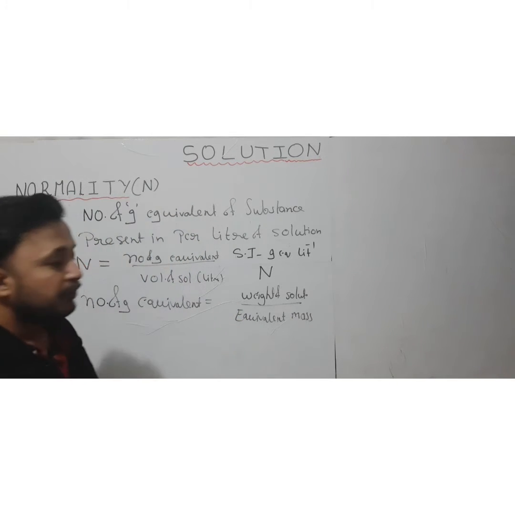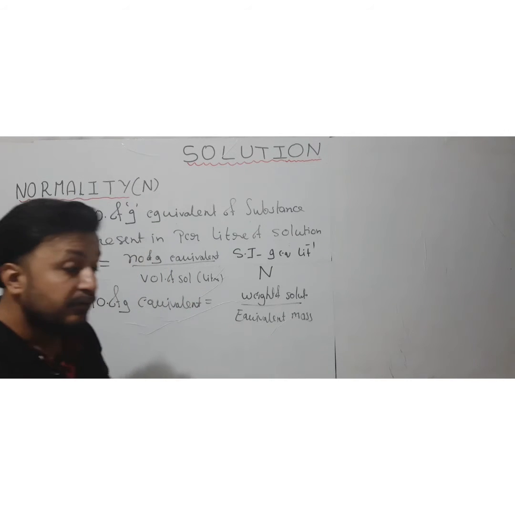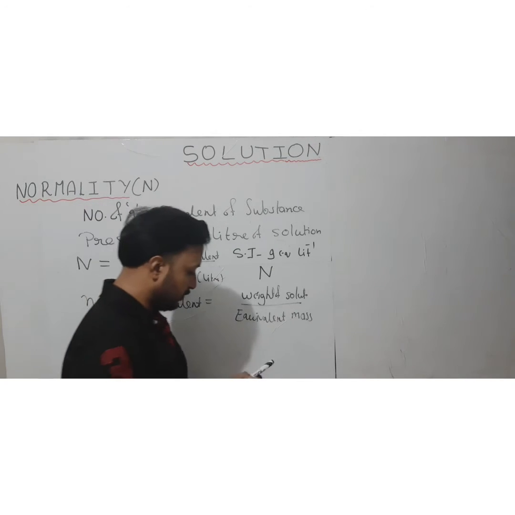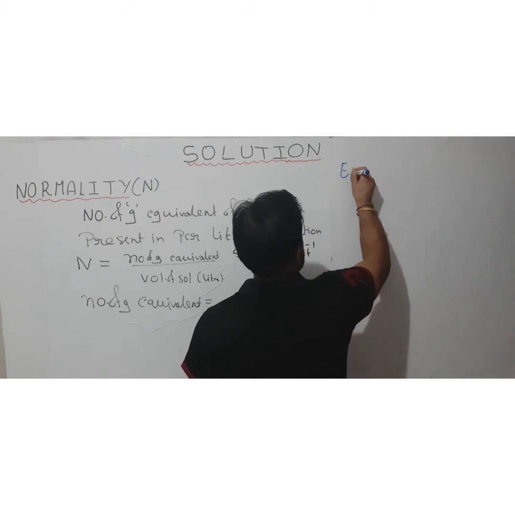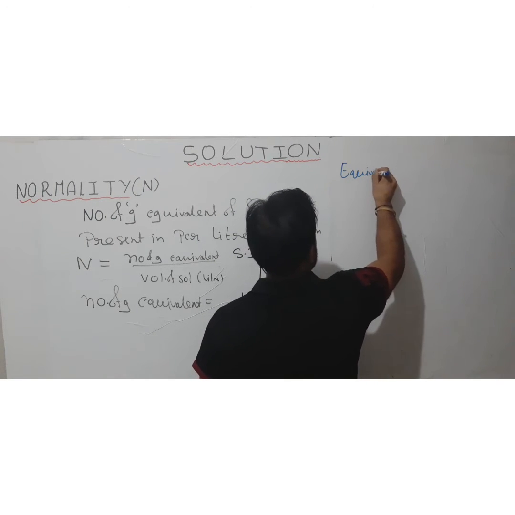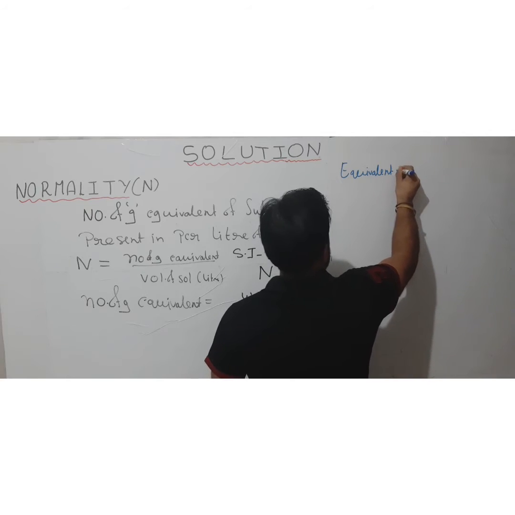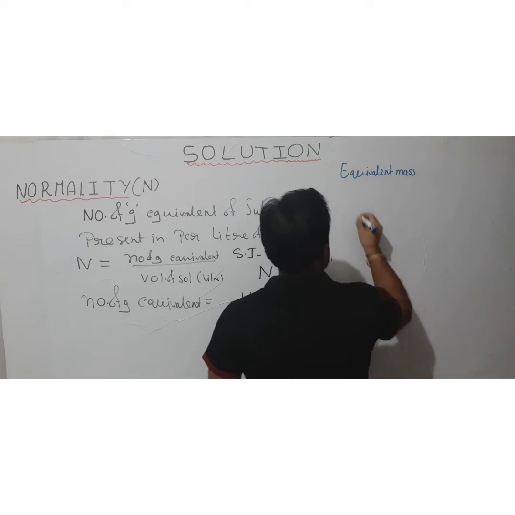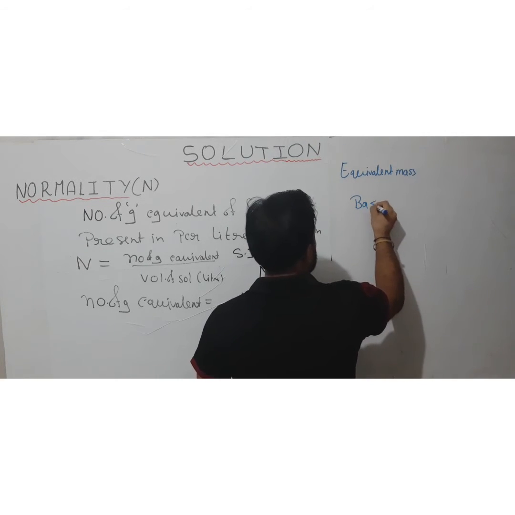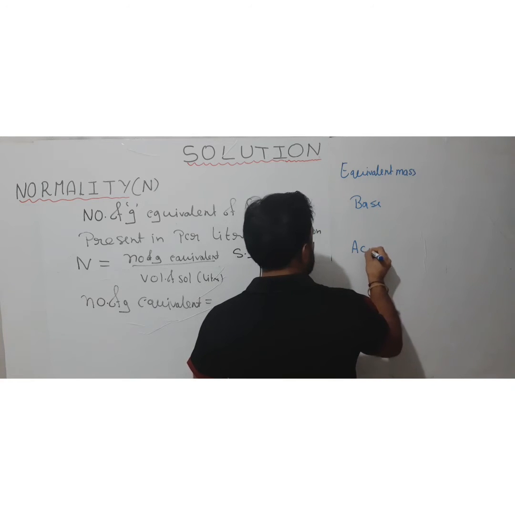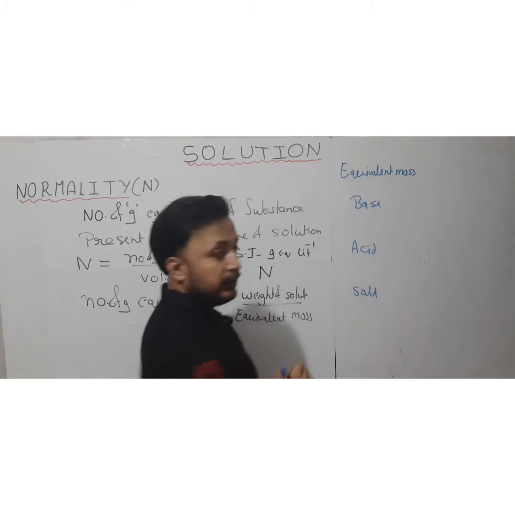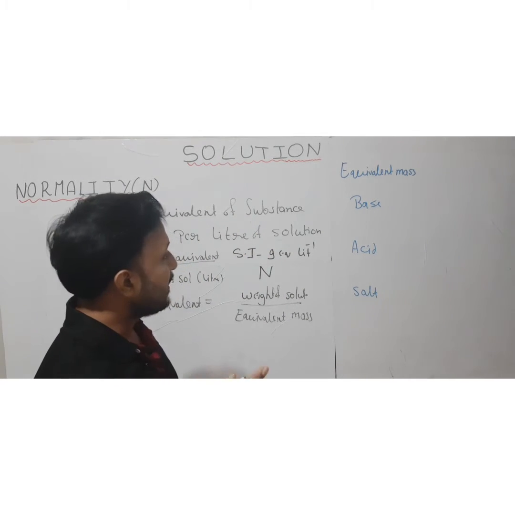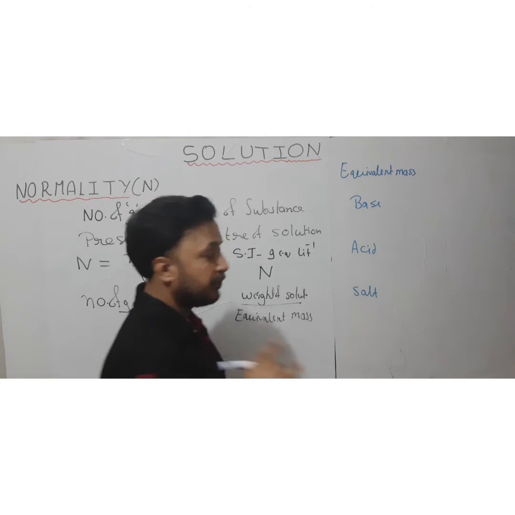So now we are going to see how we can find the equivalent mass of the different substances. For base, acid and salt, these are the three kinds of substance usually, it is going to be a different way.